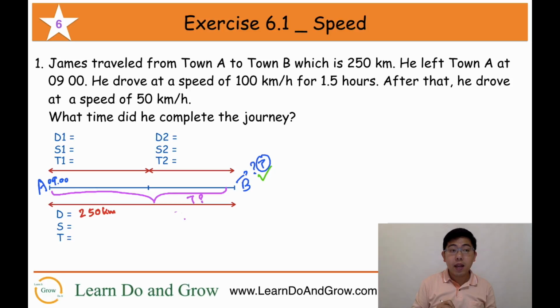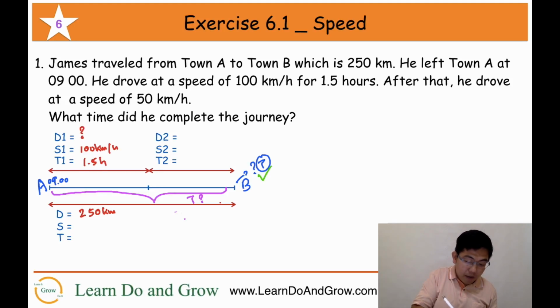He left town A at 9 a.m. He drove at a speed of 100 kilometers per hour for 1.5 hours. That is the speed and the time for the first part of the journey. So over here it should be 100 kilometers per hour, and over here 1.5 hours.